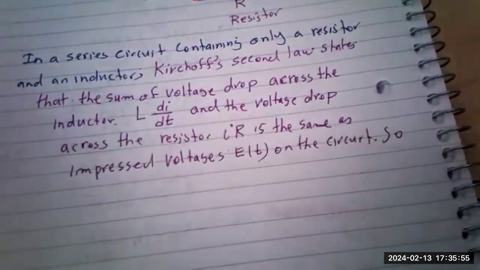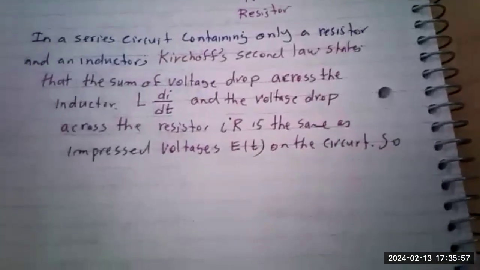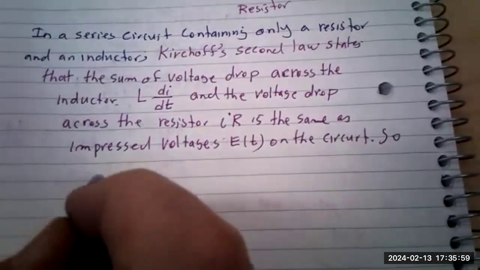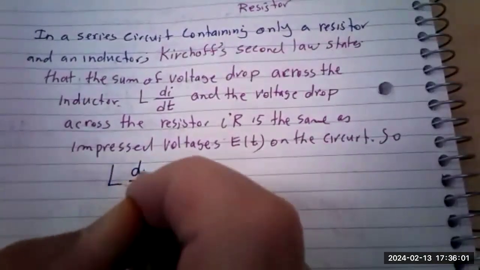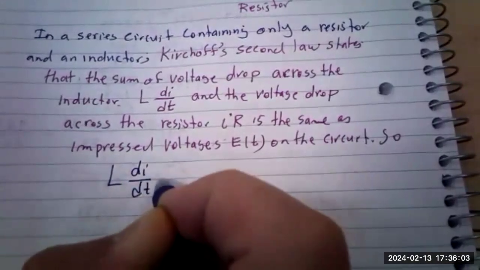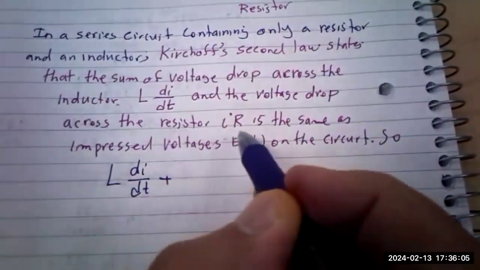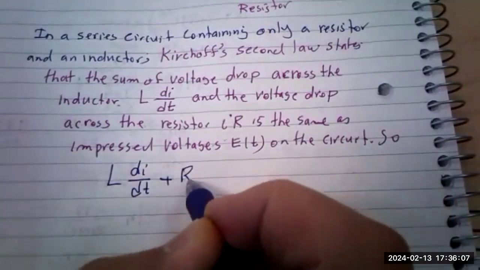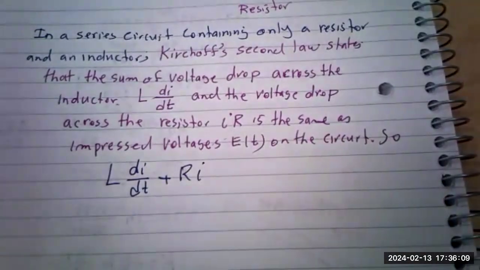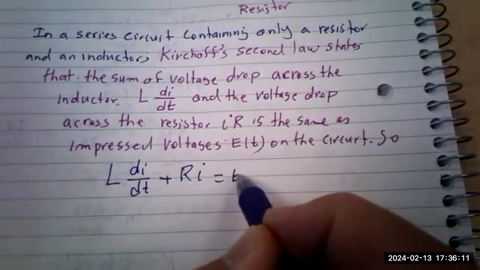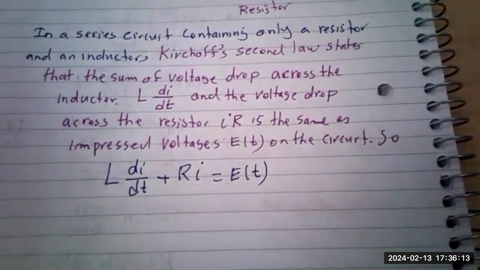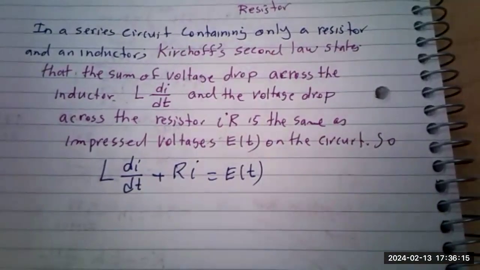So basically, this is what we are interested in. The result is the differential equation. You see the sum of L di dt plus R times I is equal to E of t. See, this is the differential equation that we're going to be interested in.